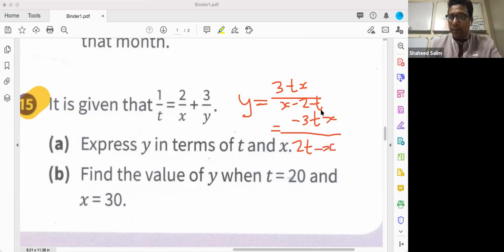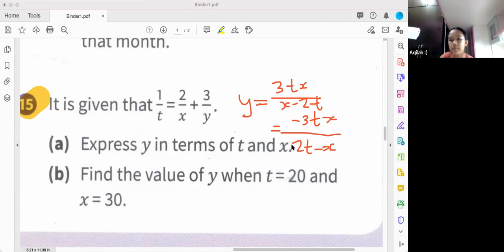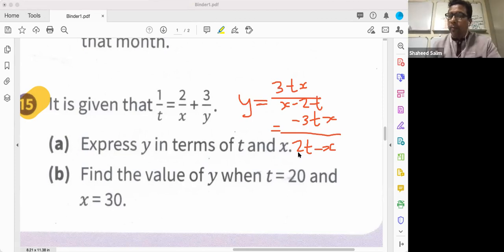Do you see that it's the same or you cannot see it's the same? I just switched back the terms. Okay. So imagine if yours, I want to put the x this way, x minus 2t.